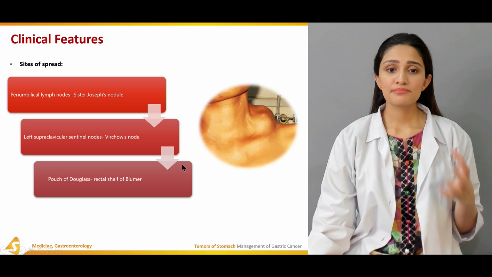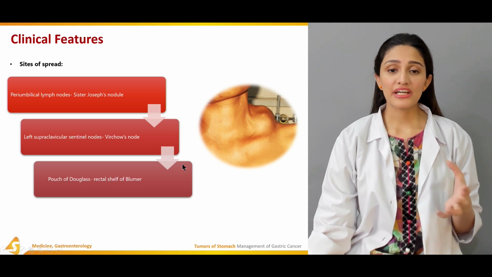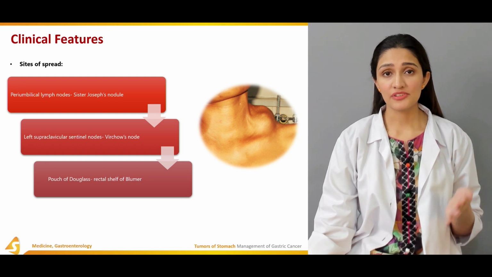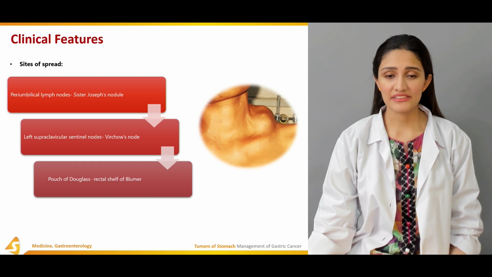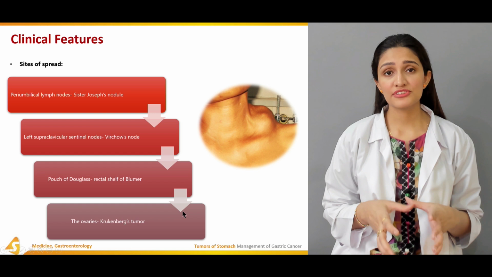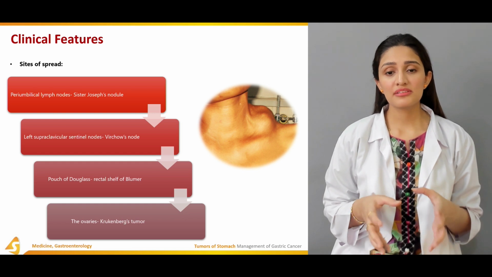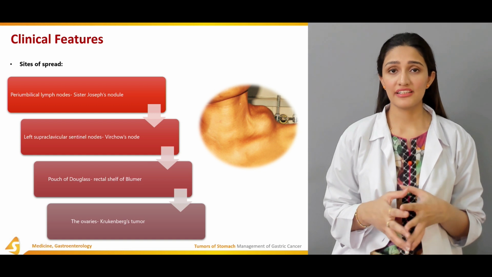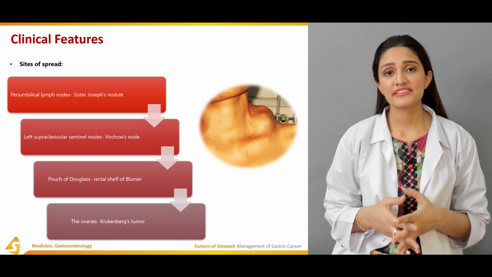The third being the pouch of Douglas, which is the rectal shelf of Plummer. This is also a characteristic feature, and it is one of the sites of spread of gastric cancer and metastasis. And lastly, it involves the ovaries, which is then known as the Krukenberg's tumor. So these are the different sites of spread regarding gastric cancer when metastasis has occurred.